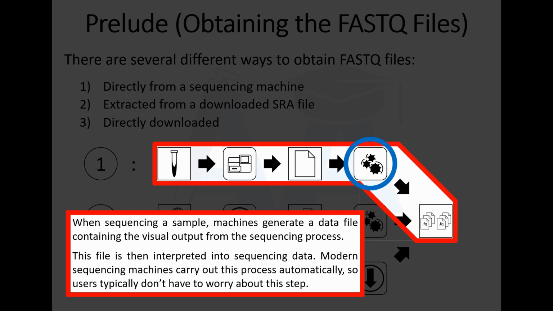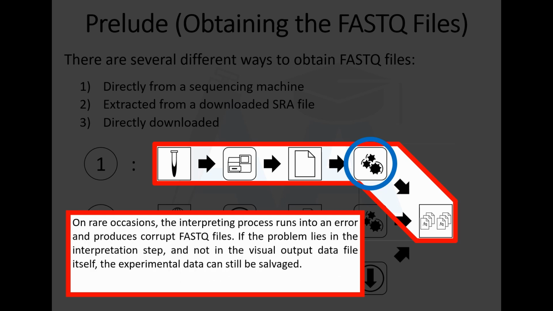Modern sequencing machines carry out this process automatically, so users typically don't have to worry about this step. However, on rare occasions, the interpreting process runs into an error and produces corrupt FASTQ files. If the problem lies in the interpretation step and not in the visual output data file itself, then the experimental data can still be salvaged by running the interpretation again on the visual output file.